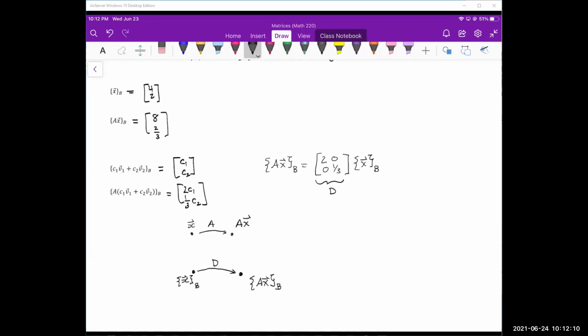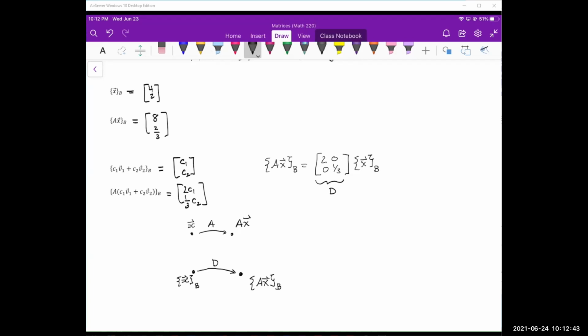So we have these two different paths. We can multiply x by our matrix and get Ax, or we have this nice simple relationship for the coordinates, where if you know how to write your vector x as a linear combination of those vectors, then we just multiply the first coordinate by our first eigenvalue and the second coordinate by our second eigenvalue.